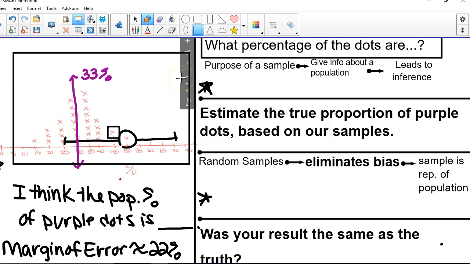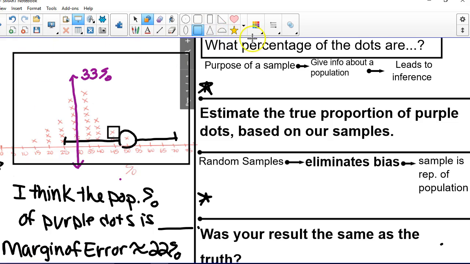And then they predict the population based off of that, okay? So they say, I think 45% of people are going to vote for Hillary, and it's usually within a margin of error of 3%. That means I could be wrong. My sample says 45%. But the truth will be somewhere within 3% of that, okay?